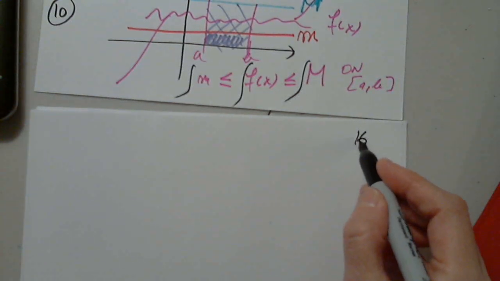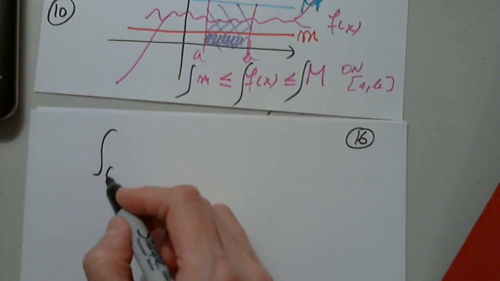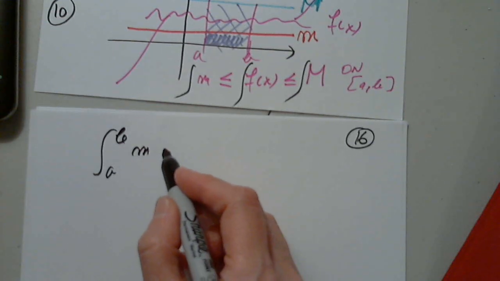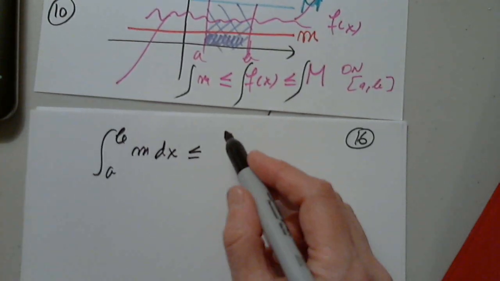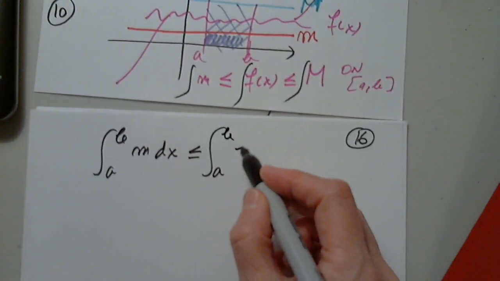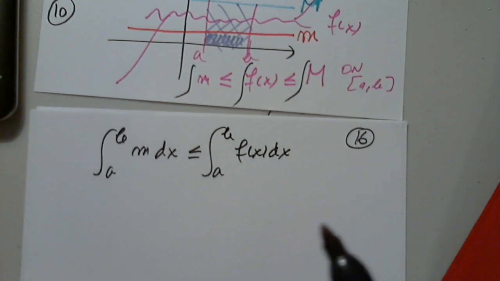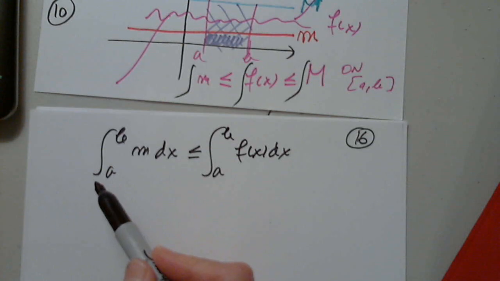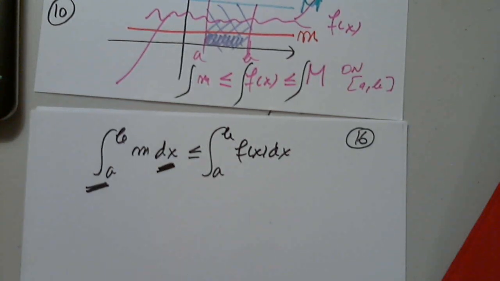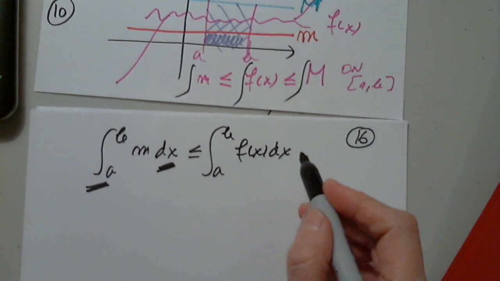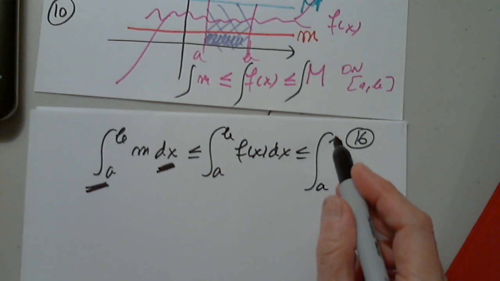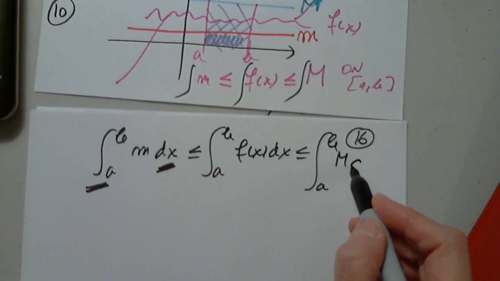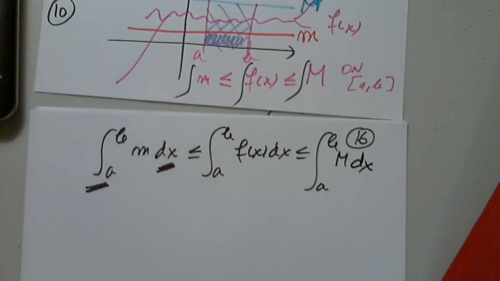So if that's the situation, then the integral from a to b of little m dx is less than or equal to the integral from a to b of f of x dx. Remember, there is no integral without dx. These two pieces go together at all times. Less than or equal to the integral from a to b of uppercase M dx.